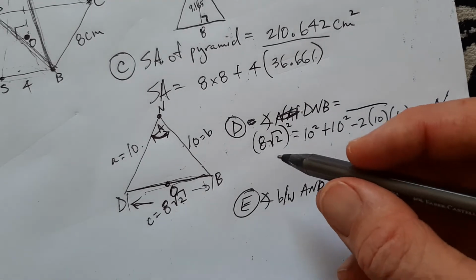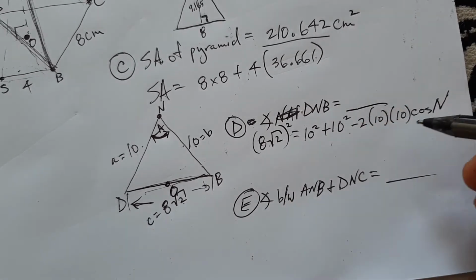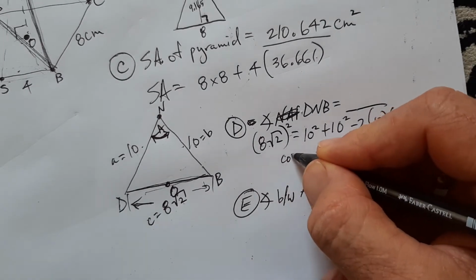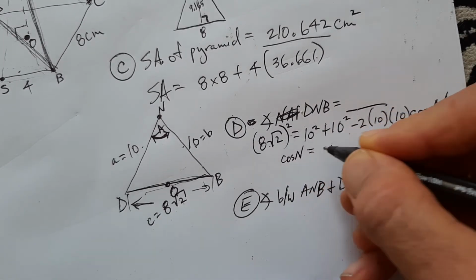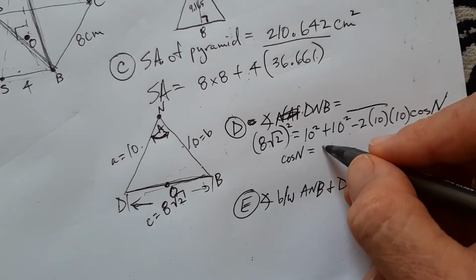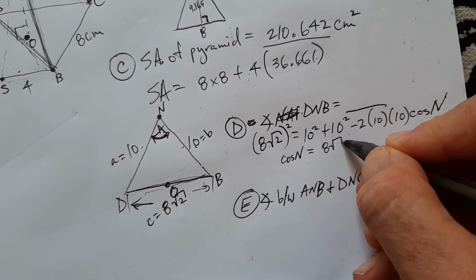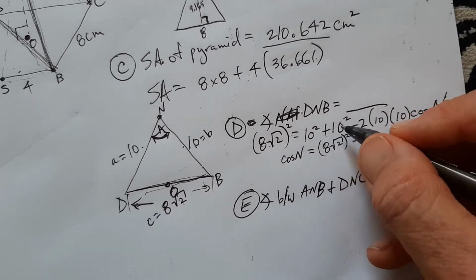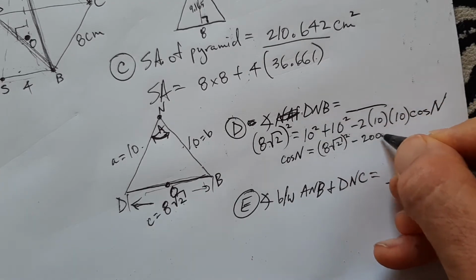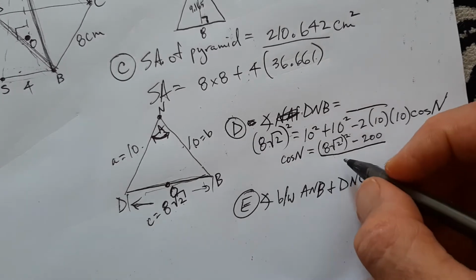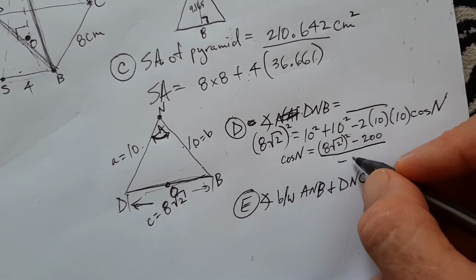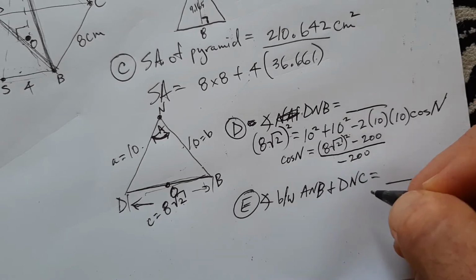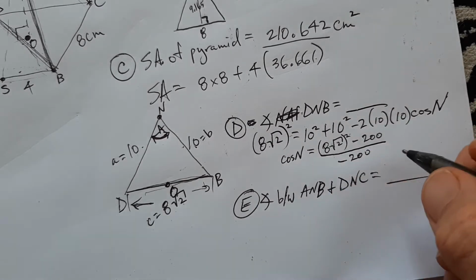So I'll have the cosine of N equals 8 square root of 2 squared minus 100 minus 100, all divided by negative 200, and I'll take the cosine inverse of that.